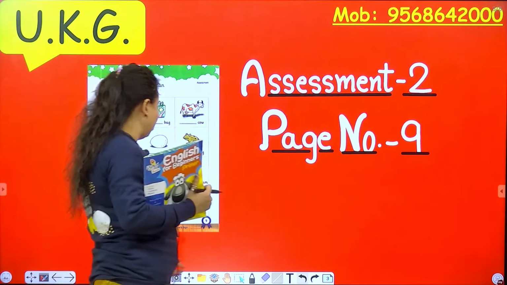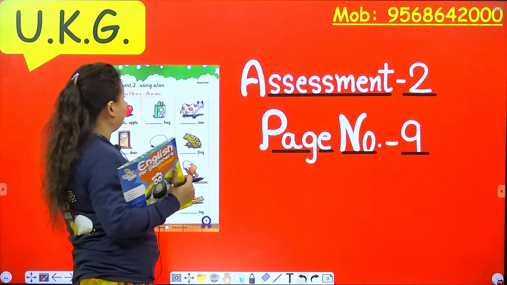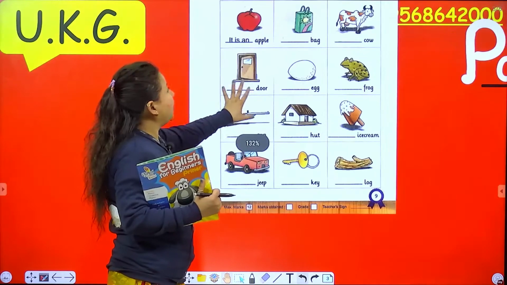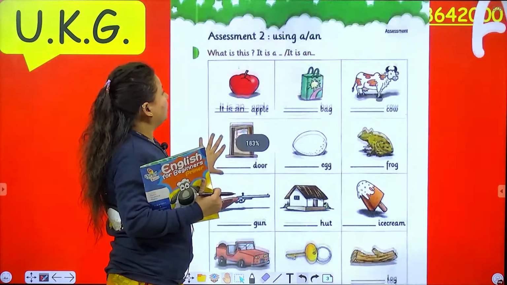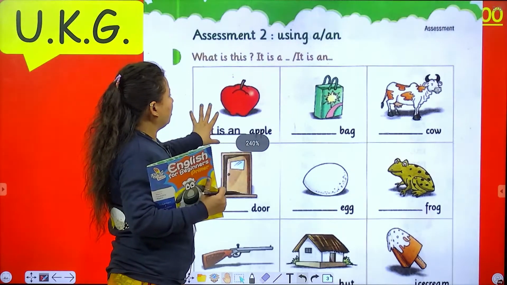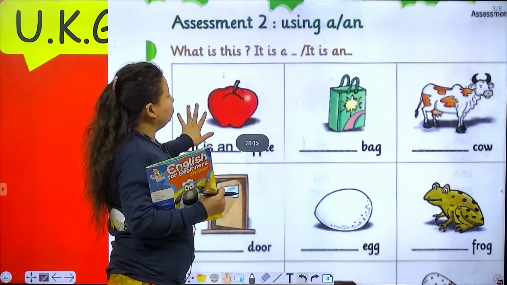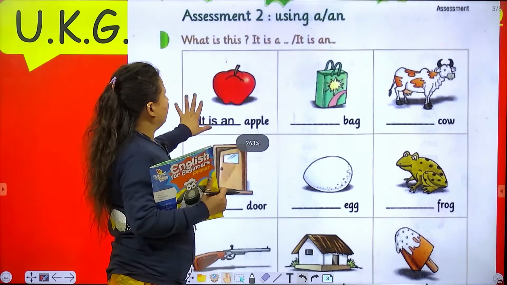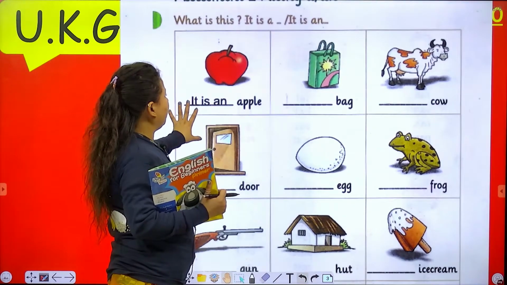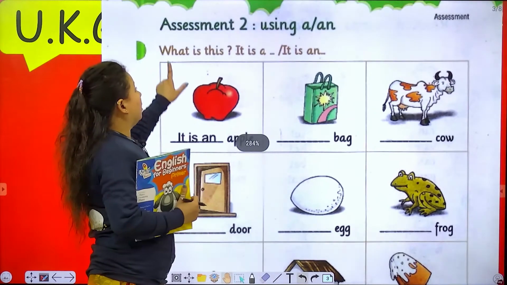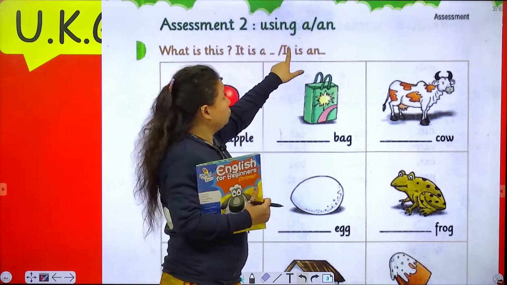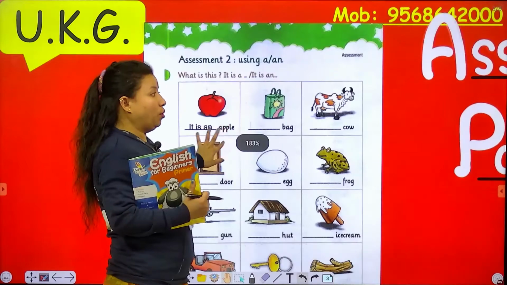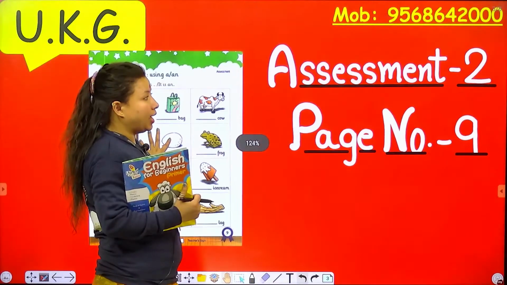We have to complete that worksheet, and in that worksheet we have to do use of a or an. Assessment 2, using a or an, and you have to open page number 9.